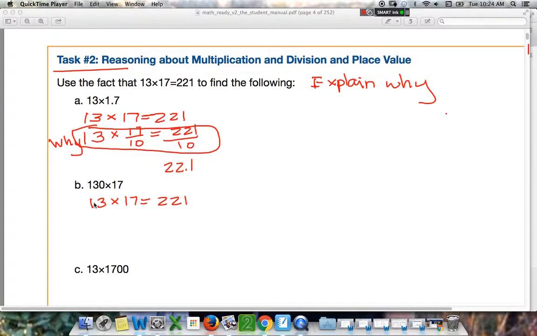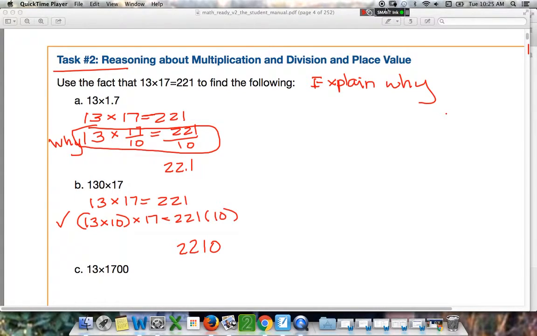Write that down and then tell me how 13 got to 130, which would be 13 times 10 and then times 17. So that would be equivalent to 130 times 17. But if I multiply this side by 10, I would have to multiply this by 10. And that would be one check. That would be your y. And then your answer would be 2210.